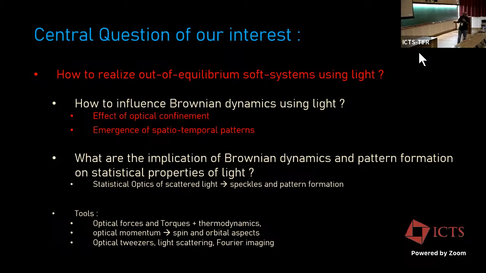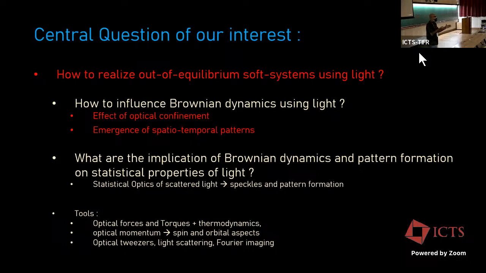The tools we have been using in my lab are related to optical forces and torques through optical tweezers and various different platforms. We also try to couple thermodynamics and statistical mechanics with some of the intuition we can develop. One of the things which I am not going to speak about is the measurement of momentum in the optical domain. As you probably know, the rate of change of momentum essentially leads to the force.